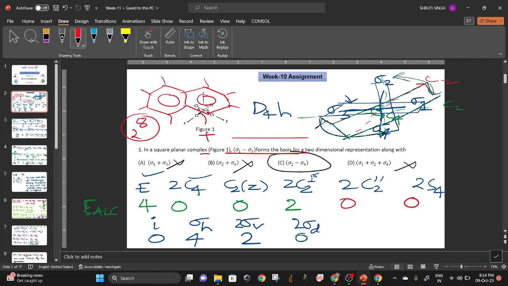If we do it manually, what the projection operator does is it directly gives the SALCs. So that's why we use it. This is just to simplify the calculation.